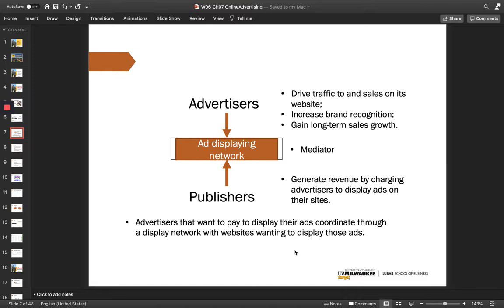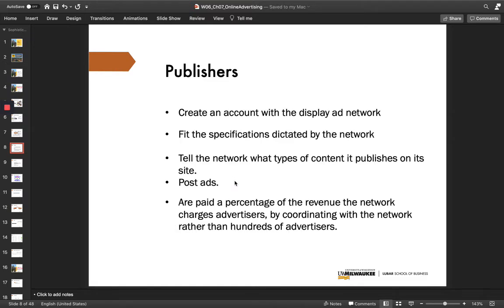The major difference here is that advertisers that want to pay to display their ads coordinate through a display network with websites wanting to display those ads. So the network will be a central party here.